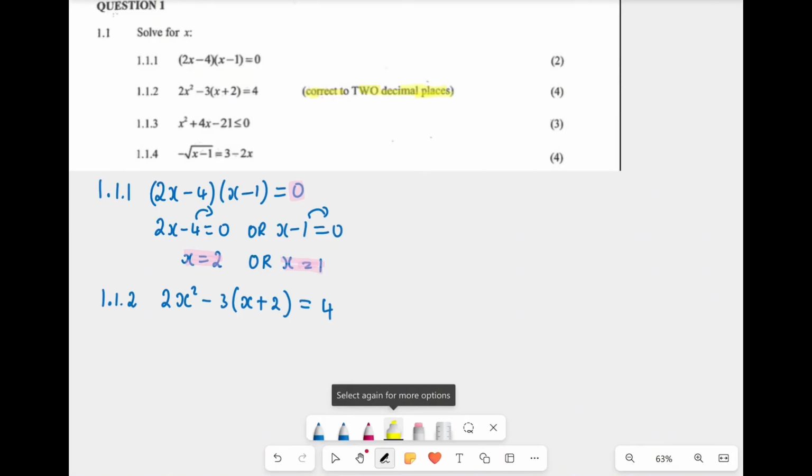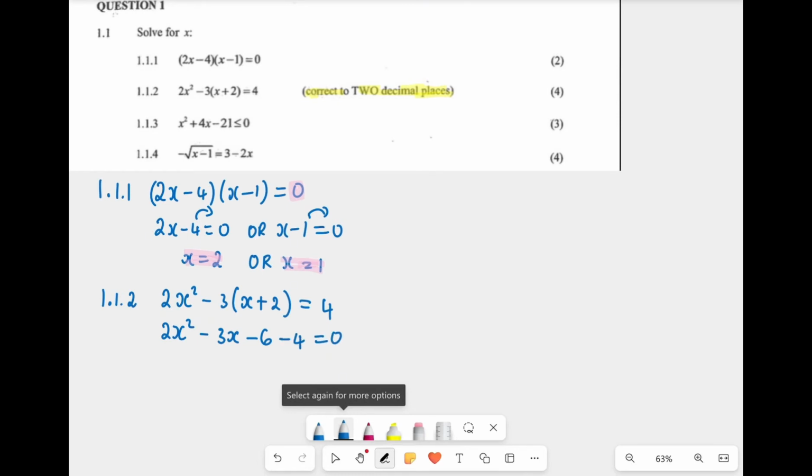But before we use the quadratic formula, we need to make sure that our equation is written in standard form, in the form of ax² + bx + c. Now, we need to remove these brackets. We are going to have 2x² − 3x − 6, and then if I transpose 4, I will have − 4.